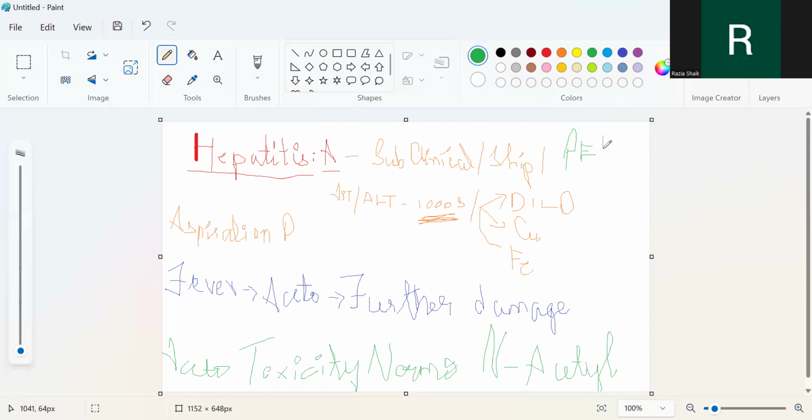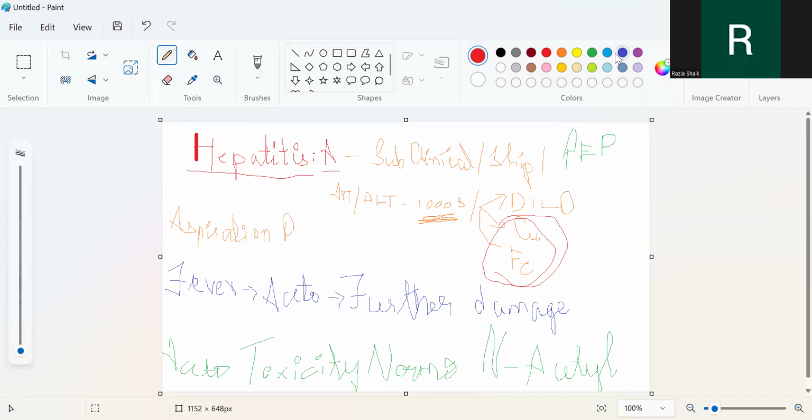Now, you may ask me if we have to do investigations like copper, iron, and so on. I would say yes, you should do it because it does come under thousands. You do have to include copper and iron in your orders to identify the root cause. Okay.